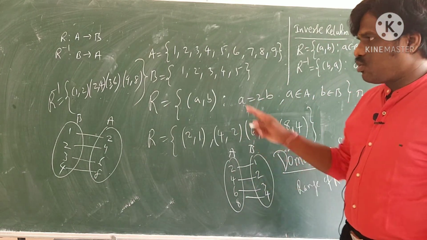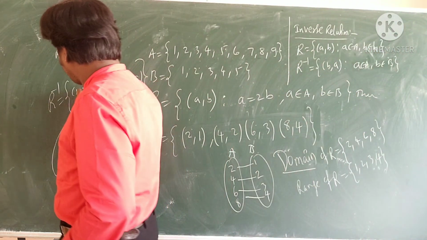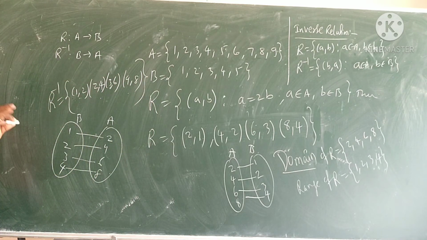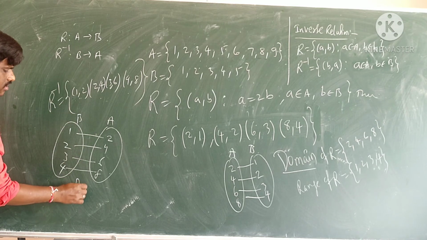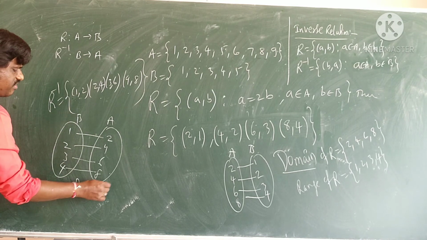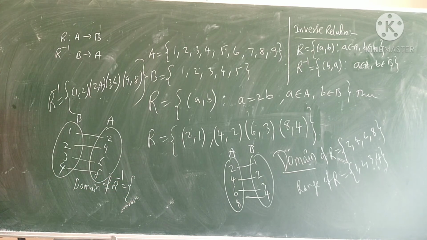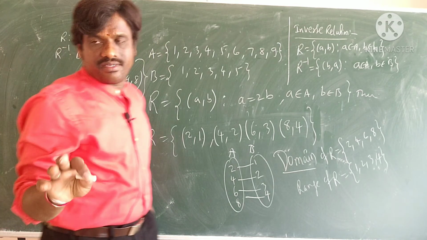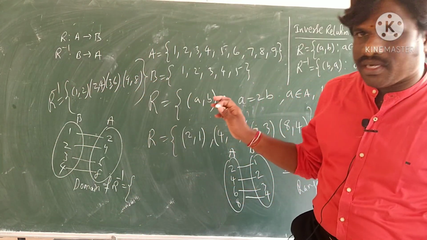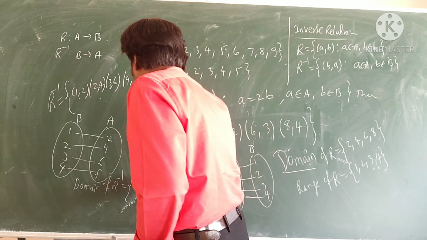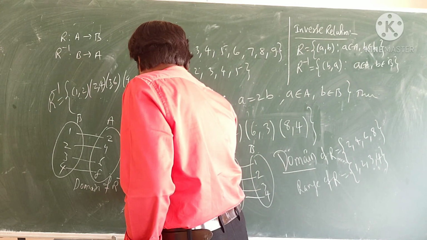Now what is the domain of R inverse? They asked questions related to the domain of R inverse; we will do them tomorrow. First coordinates are the domain and second coordinates are the range. The domain of R inverse is 1, 2, 3, 4.